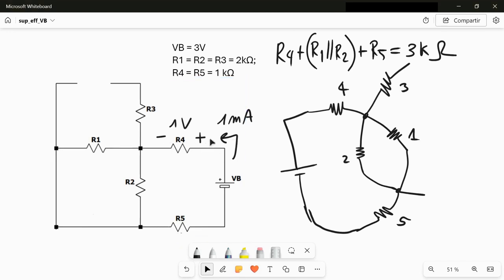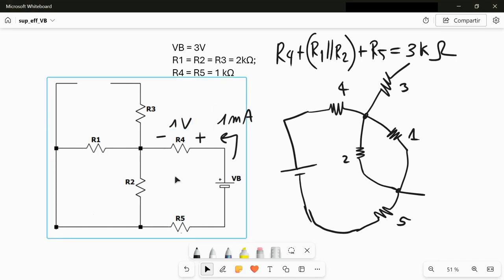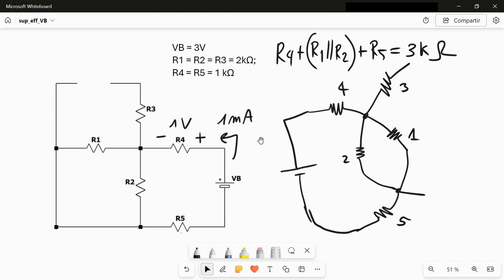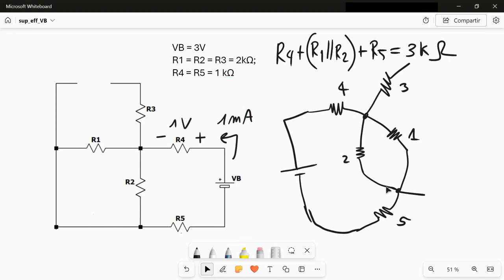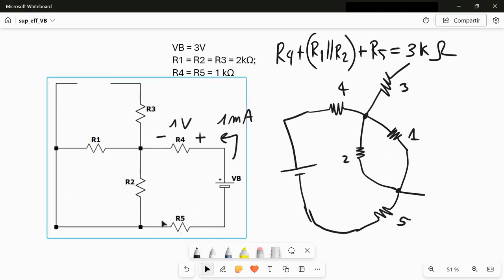The 1 milliampere current flows through R4, so I have 1 volt voltage drop. Then I have this mesh here, actually this full mesh that we see here is given by 4 resistors, but I can say R4, which is 1 kilo. Then the parallel of R1 and R2 here, which is also 1 kilo, because it's the parallel between 2 kilo and 2 kilo. And then another 1 kilo here.